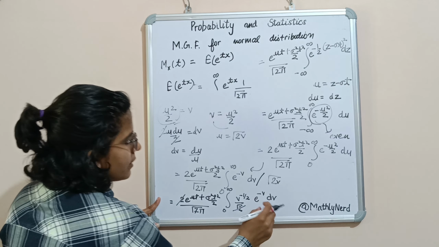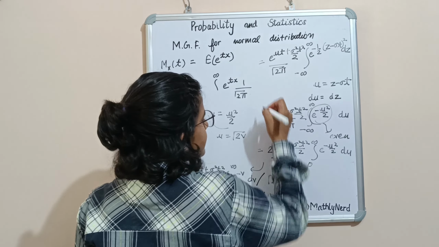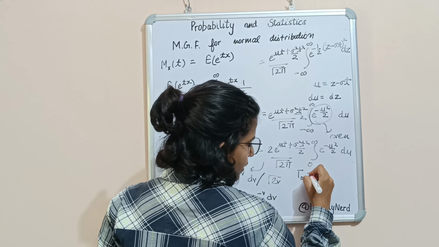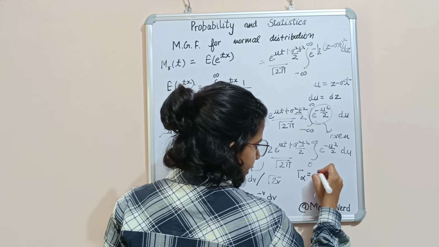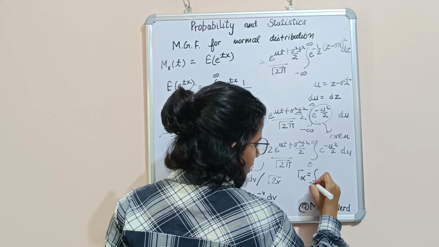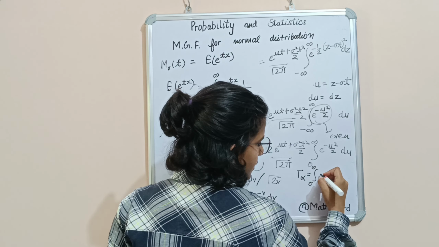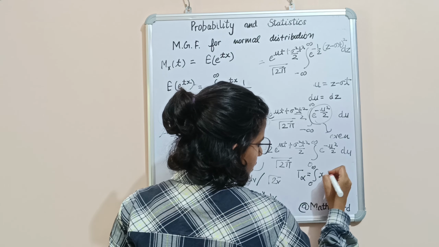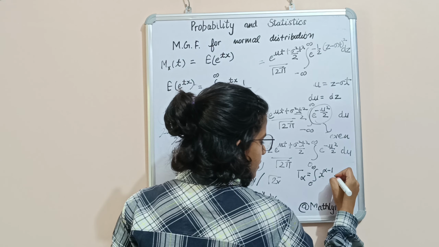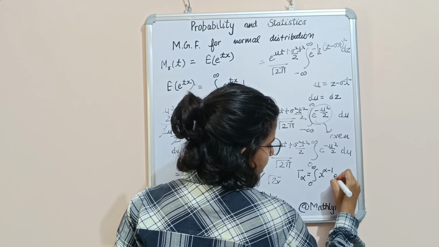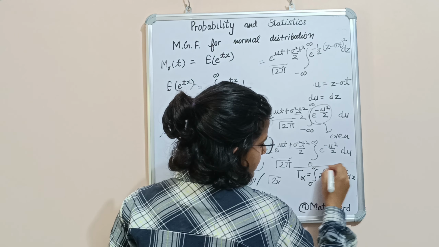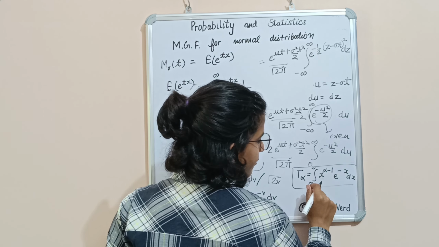Now as we know, the gamma function of alpha equals integration 0 to infinity of x raised to power alpha minus 1 into e raised to power minus x dx. This is the gamma function of alpha.